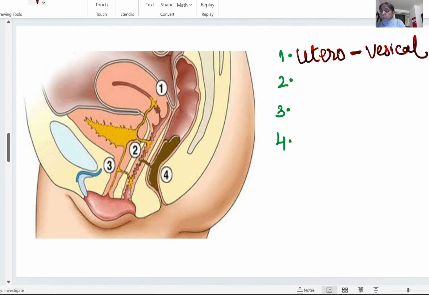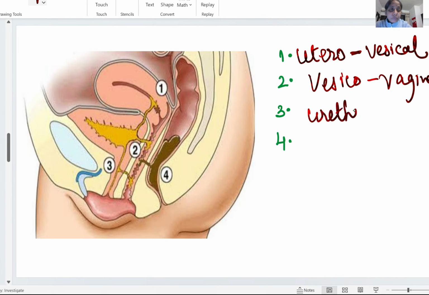What is number 2? Number 2 is vesicovaginal. Number 3 is urethrovaginal.